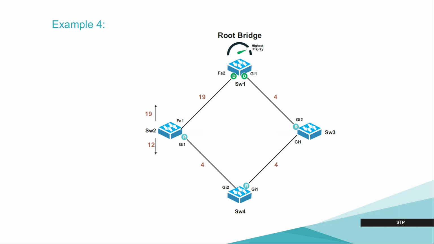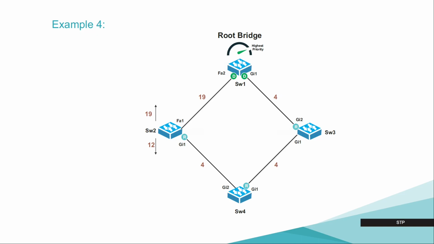Switch 3 interface G2 will be the root port because it has path cost 4. Switch 4 interface G1 will be the root port because it has path cost 8. And switch 2 interface G1 will be the root port because it has path cost 12.